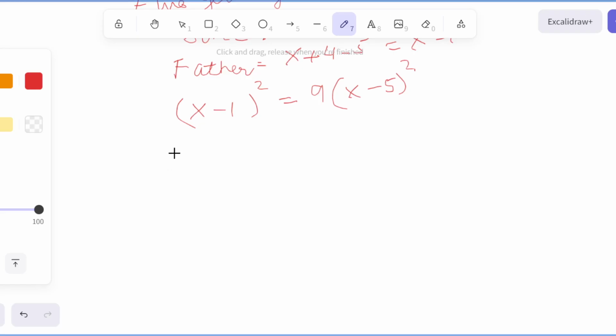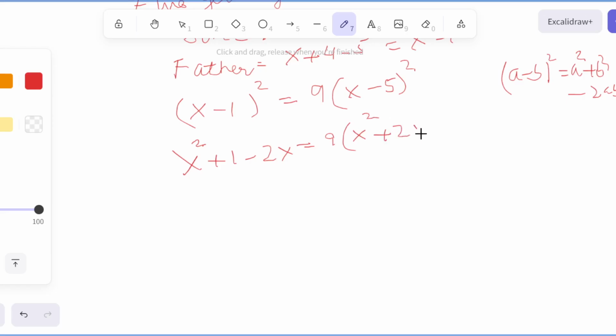So this is going to become x square. If you open up the bracket, this is the (a minus b) raised to power 2 identity: a square plus b square minus 2ab. So this becomes x square plus 1 minus 2x equal to 9, and here we also use the identity: x square plus 25 minus 10x.